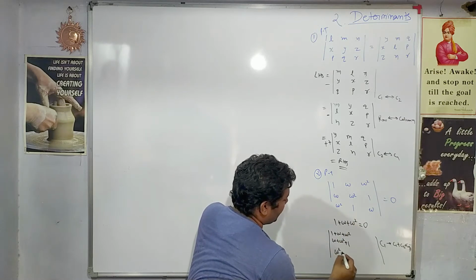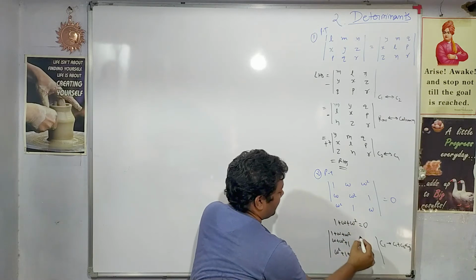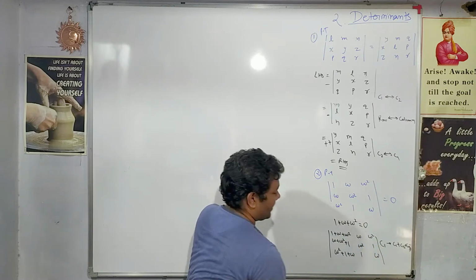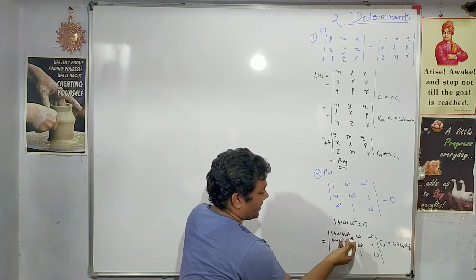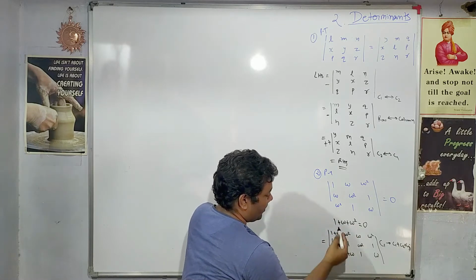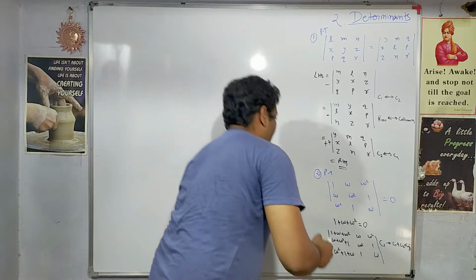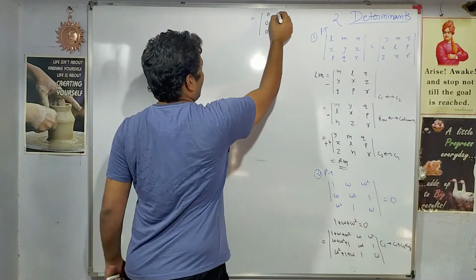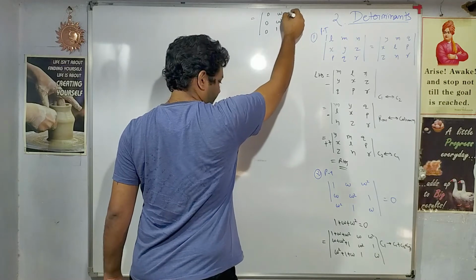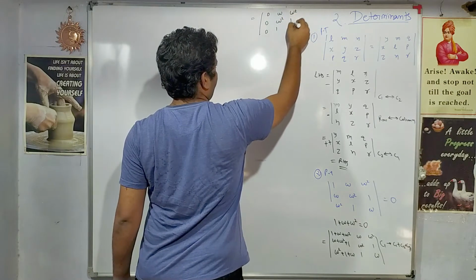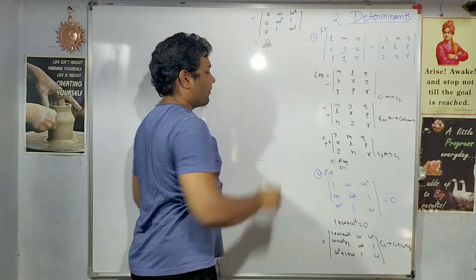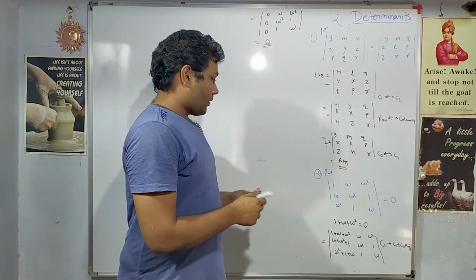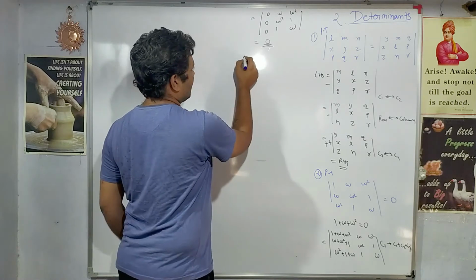Here it will become omega plus omega square plus 1. Second column remains as it is, third column also remains as it is, right? And now I can see, as per this property, the first column is completely 0. So since the first column is completely 0, I can say that the determinant's value is 0. Simple sum, right, based on this property. But you should remember this property from the properties of the complex numbers.